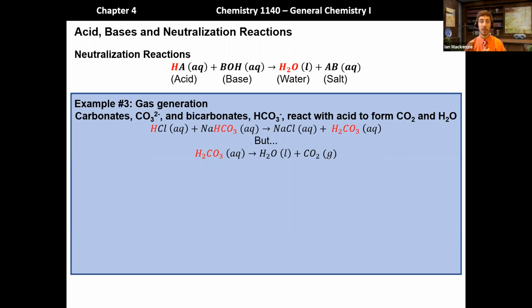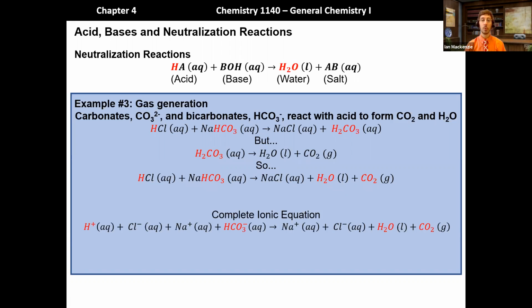So anytime that you would write a reaction out and you form H2CO3, immediately take that and break that up into water and CO2. So we can write out a new full molecular equation where we've got HCl plus sodium bicarbonate produces sodium chloride plus water plus CO2.